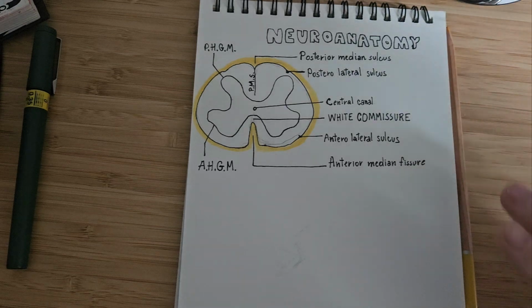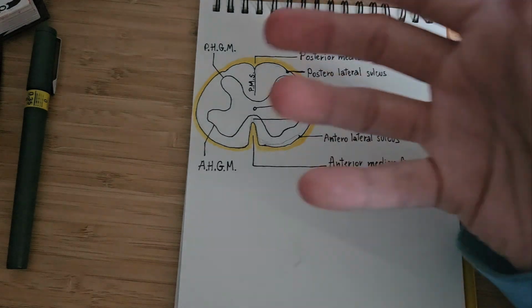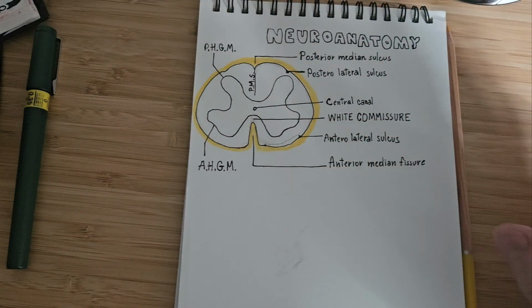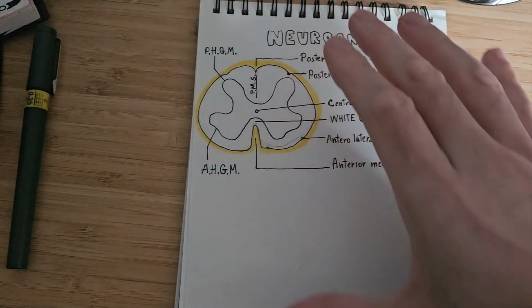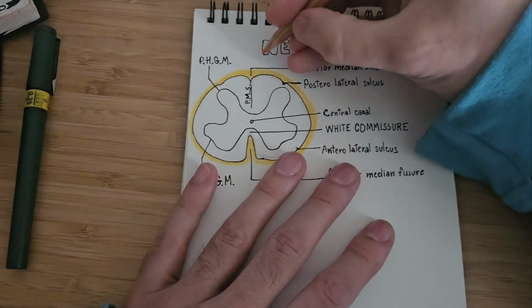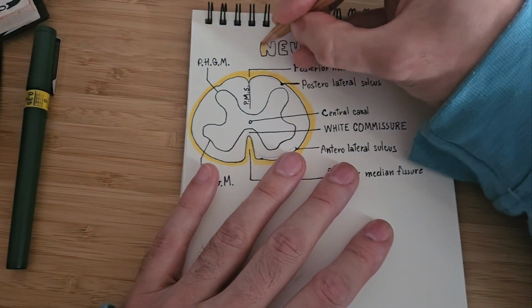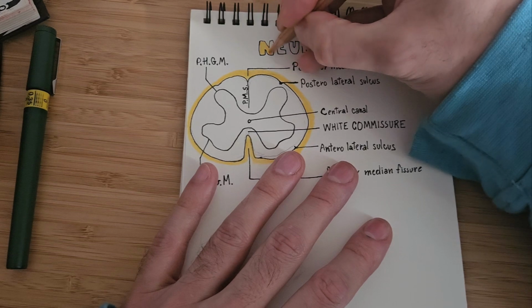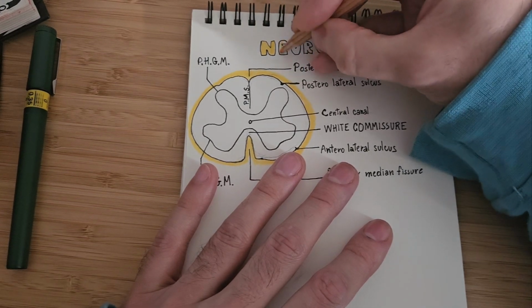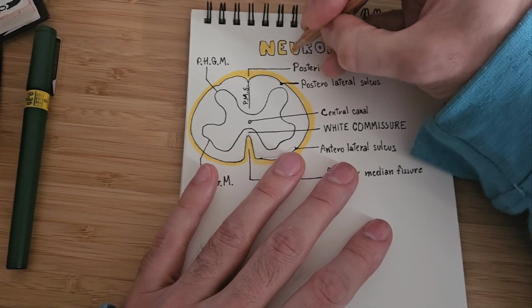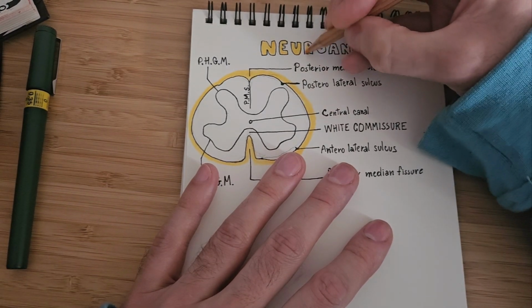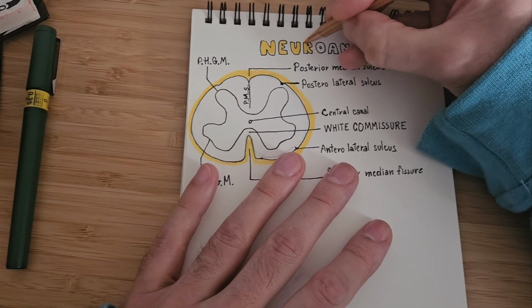Keep the colors to not more than 2 or 3 different colors. Try to keep it always clean and visible. I'm going to use the yellow here because I want to give emphasis to the topic that is neuroanatomy.